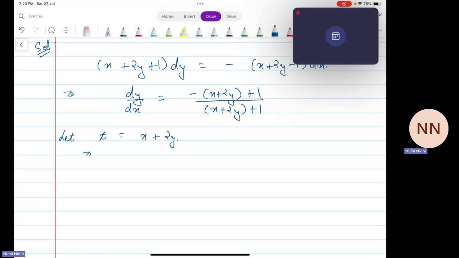This gives us dt by dx is equal to 1 plus 2 times dy by dx. Now this dy by dx in terms of t is minus t minus 1 upon t plus 1. We have just replaced x plus 2y by t.